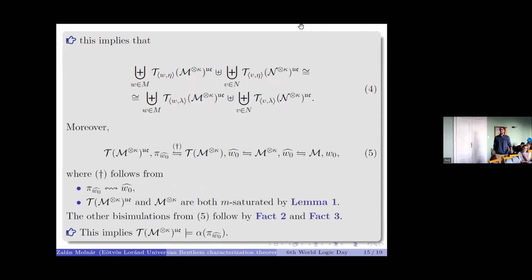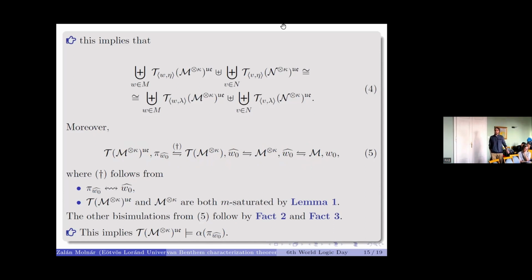And moreover, we have a chain of bisimulations, namely the original structure is by the facts bisimilar to the multiplier, which is by the facts bisimilar to the unraveling cover. And in general, the structure and its ultrafilter extension are modally equivalent, but as they are both M-saturated by this lemma, it follows that they are bisimilar.